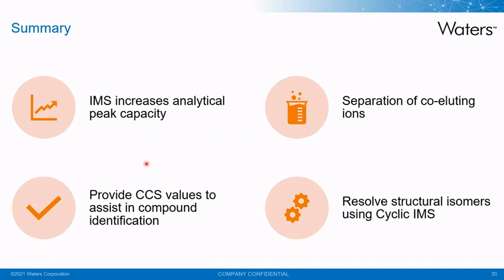It can separate co-eluting ions, especially if we're trying to work out which one is an important isomer. And using the cyclic ion mobility instrument, we can confidently resolve structural isomers that we weren't able to before.